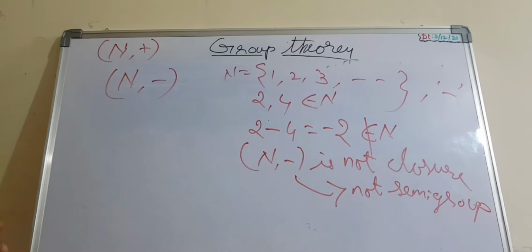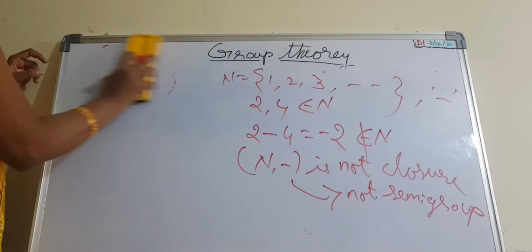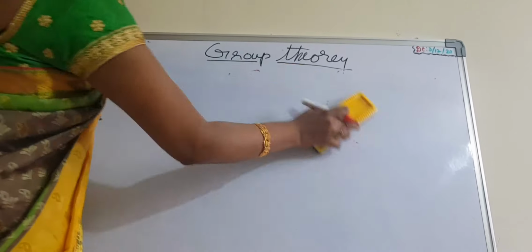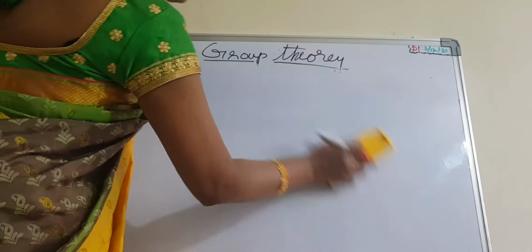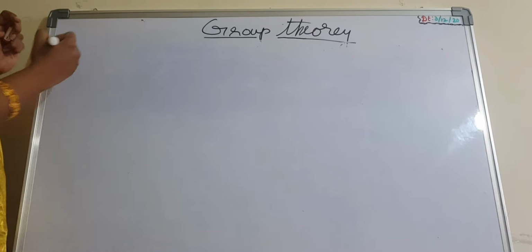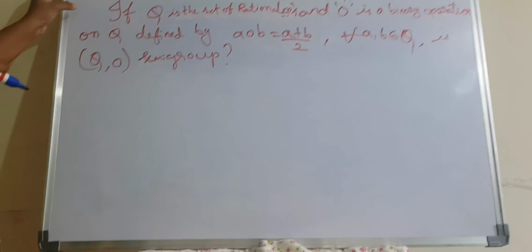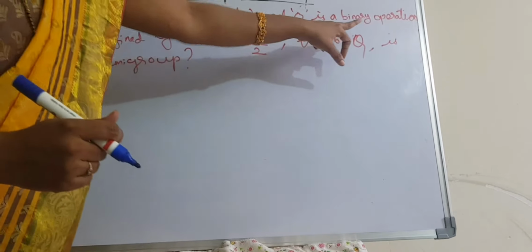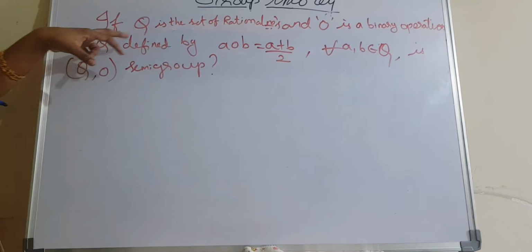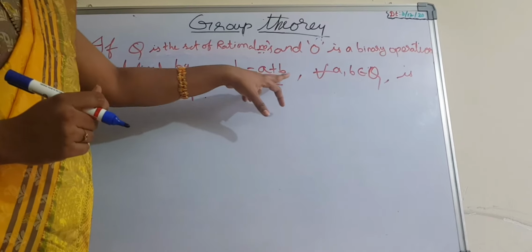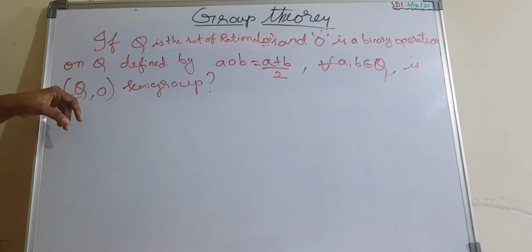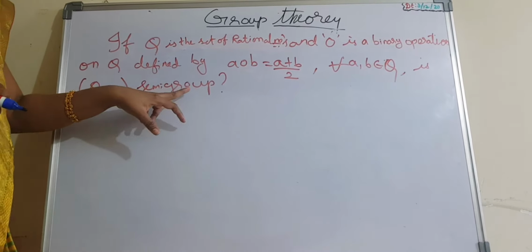We'll see another example. I think you have understood what a semi group is. Another example we will see. If Q is the set of rational numbers and circle is the binary operation on Q defined by A circle B equals (A plus B) by 2, for A, B belongs to Q, is (Q, circle) a semi group?